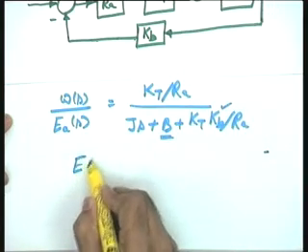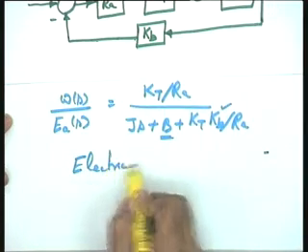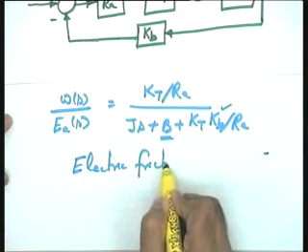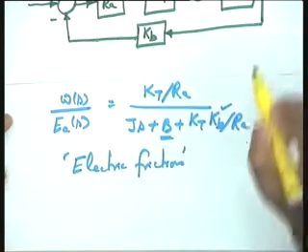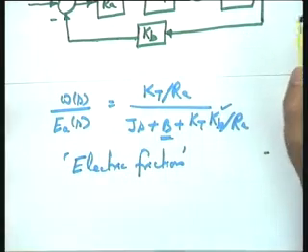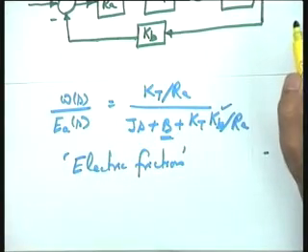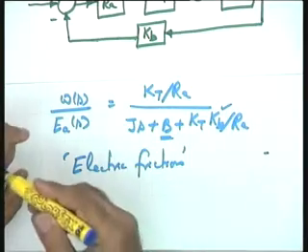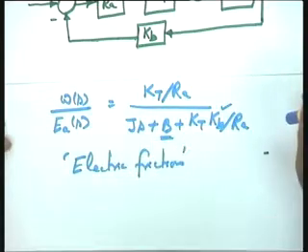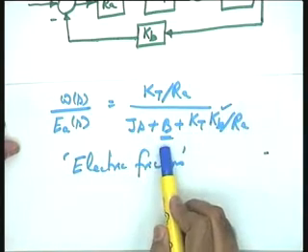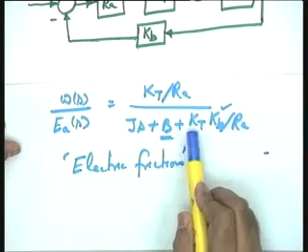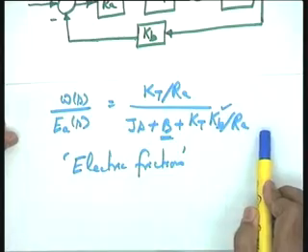More or less, can we use the word as if it is electric friction? Because if you require damping in the system, Kb is helping in that, and equivalently I say as if Kb is providing the electric friction, so that the total friction is given by B plus Kt Kb by Ra.